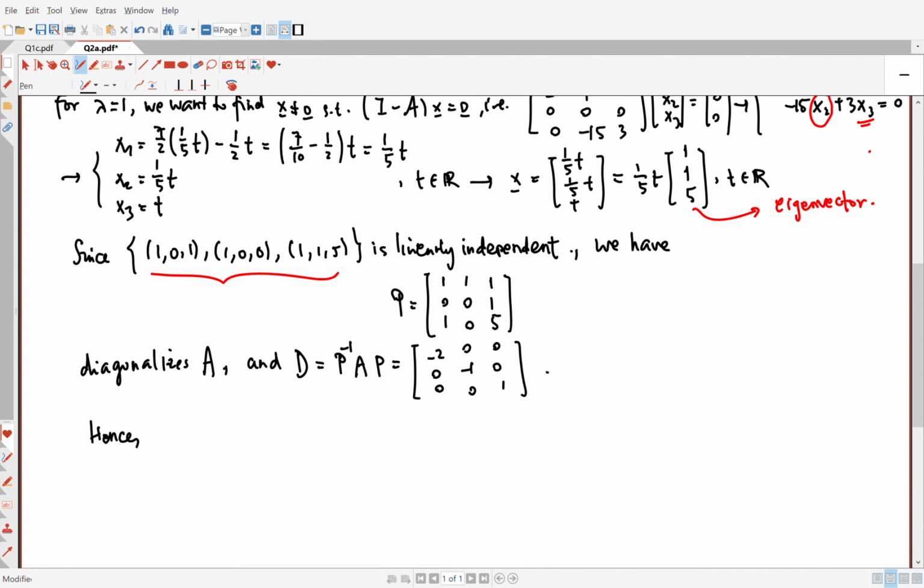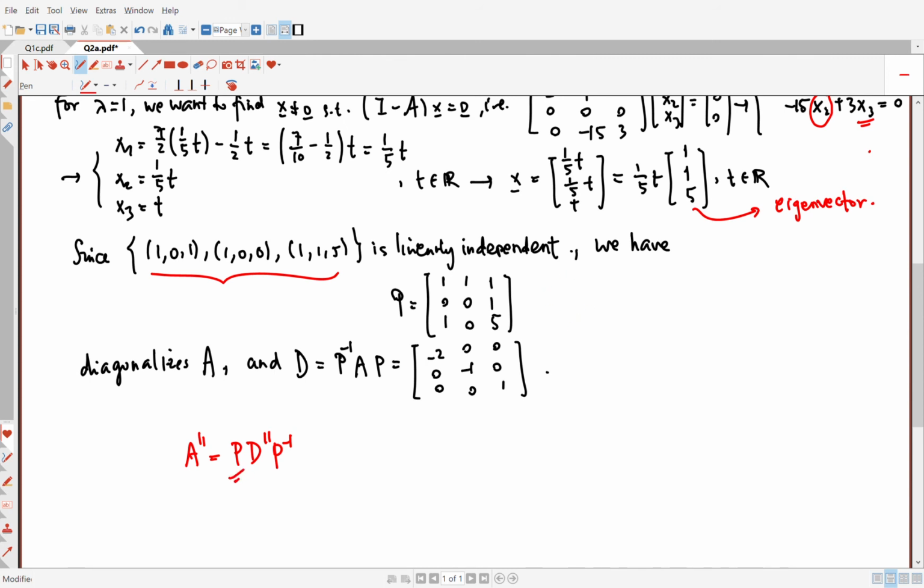We are not done yet because to find A to the power of 11, I need P D to the power of 11 P inverse.